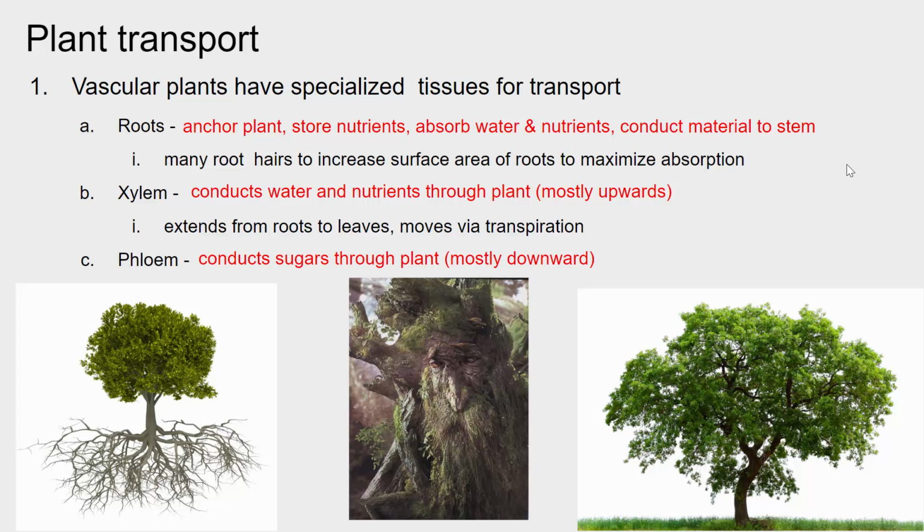And so as that material is moving up the stem of the tree, you can tap it, drain some of it, boil away the water, and what we're left with is maple syrup. And that's maple syrup comes from this vascular tissue in the trees.